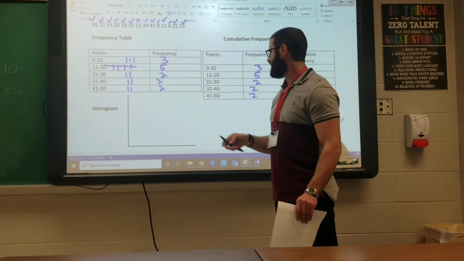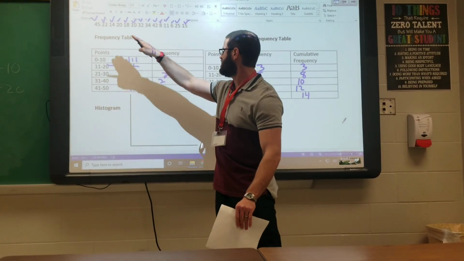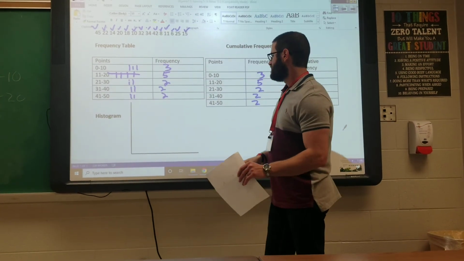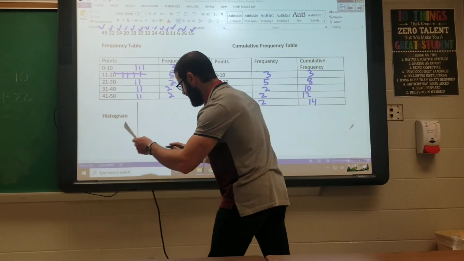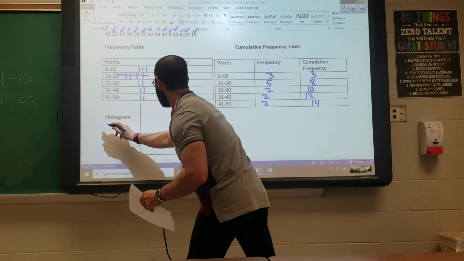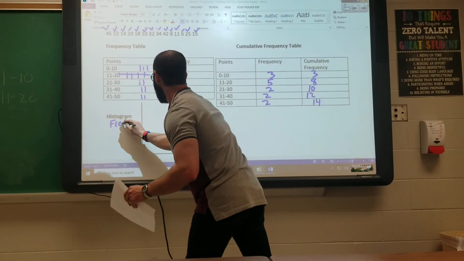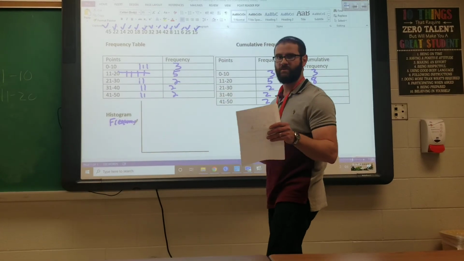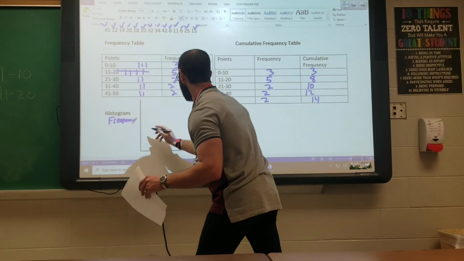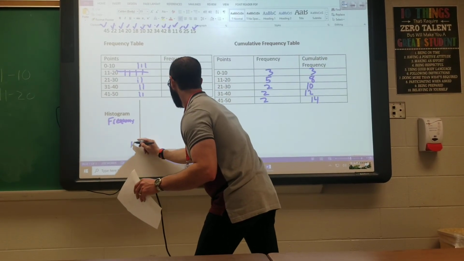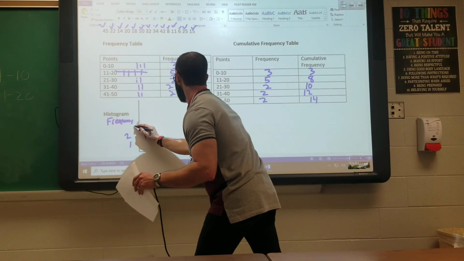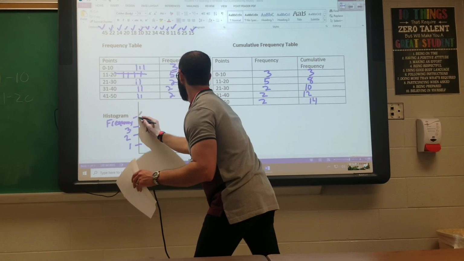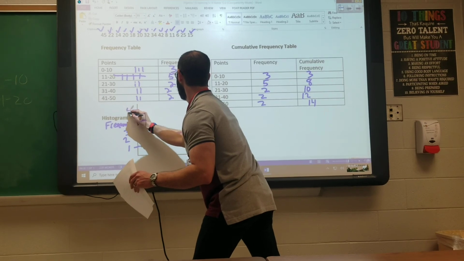All right, histogram, again, just a visual representation of a frequency table. So on the vertical axis is the frequency. So how often a data point occurs in a specific interval. Right, so I'm going to go 1, 2, 3, 4, 5.